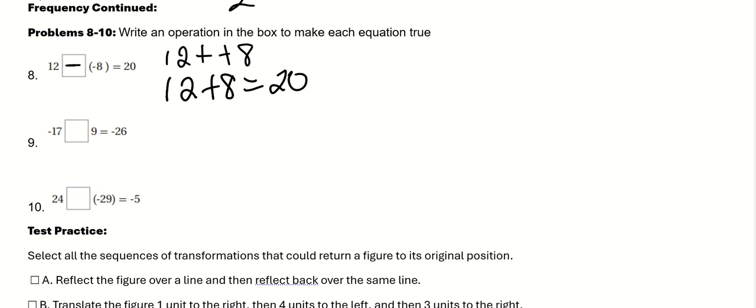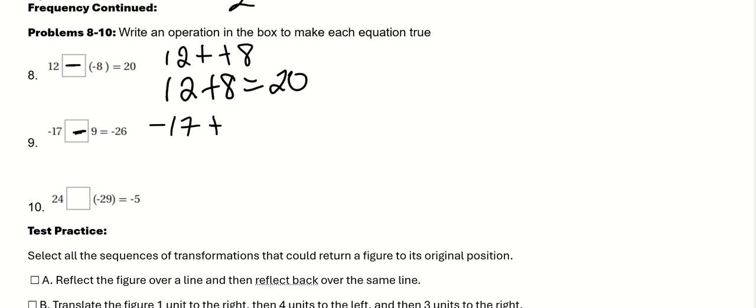So for number 9, I have negative 17 and positive 9, but I have a really big negative number. I don't have enough negatives yet. So I have negative 17. I need more negatives. So I'm going to subtract. And actually the same thing happens. So negative 17 minus 9. Oh, that is not a 9.